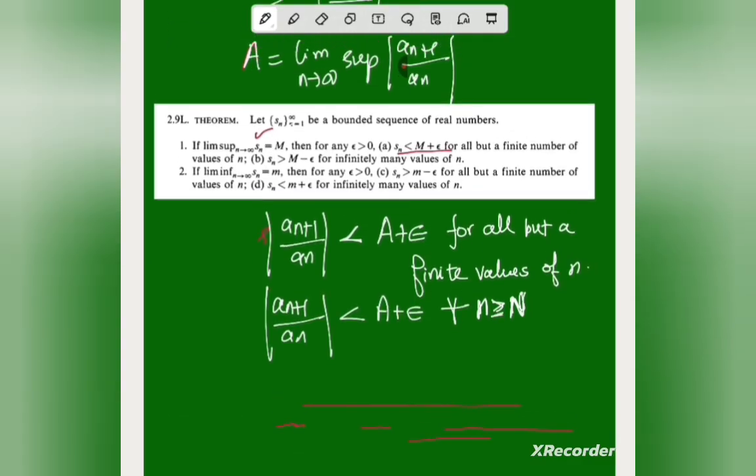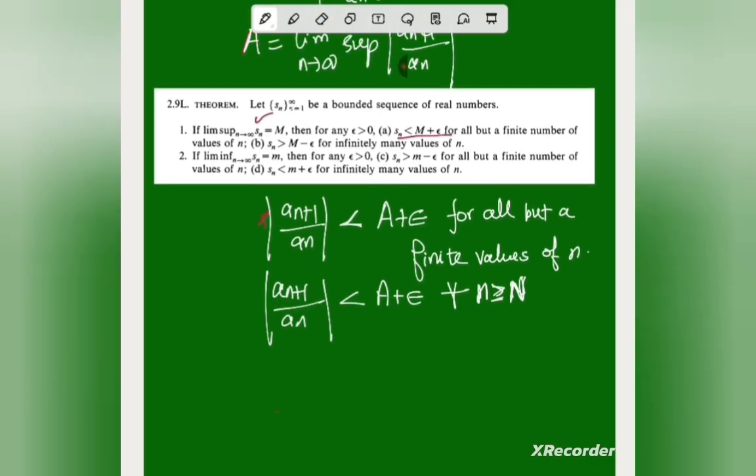So I am taking it this way. Actually this is already true, right? So how are we going to prove it? Listen here. Since they have given that capital A is less than 1, I am going to choose a value B such that B is lying between A and 1.